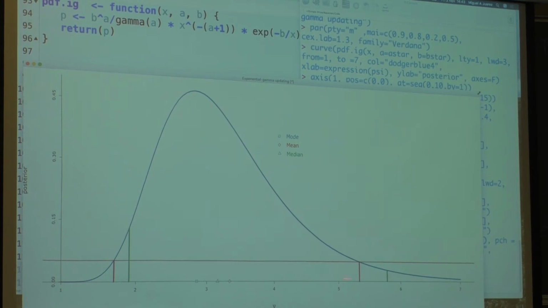And here we have the equally tailed and HPD intervals. This distribution is a bit more skewed than the distribution for lambda, so these 3 values are a bit more different. And also these 2 intervals are a bit more different.